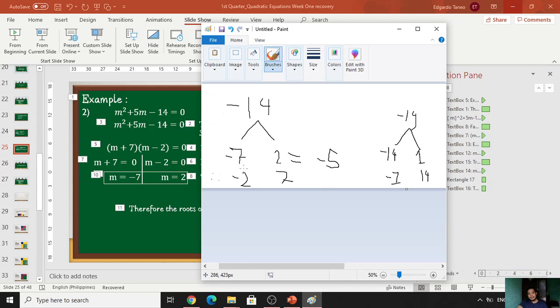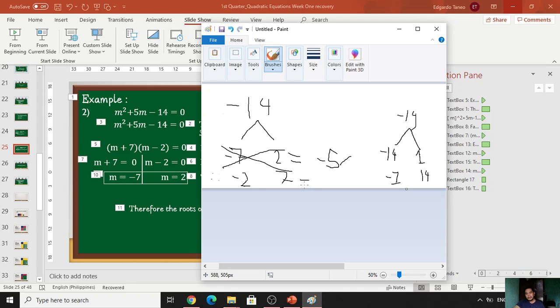Since magkaiba sila ng sign, tapos si 7 ay negative, then kapag pinag-add natin to, that will be equal to negative 5. Pero kapag pinag-multiply natin, negative 14. Now, negative 5 ba ang hanap natin? Hindi. So, ibig sabihin, hindi natin pwedeng gamitin si negative 7 and positive 2.